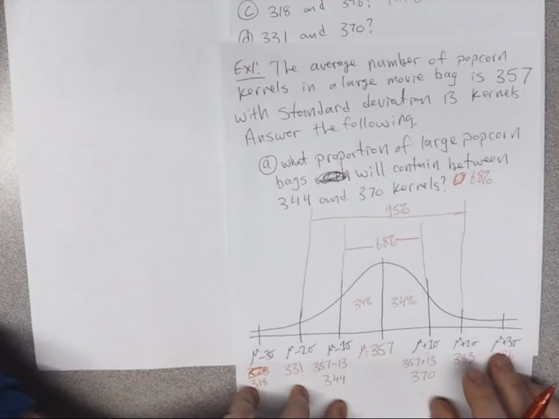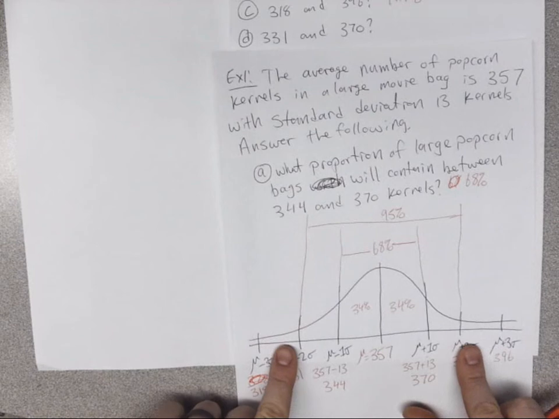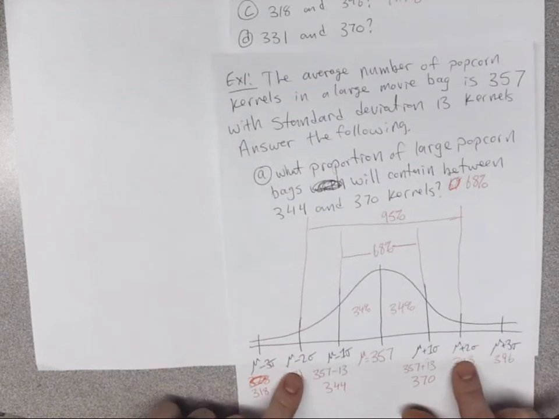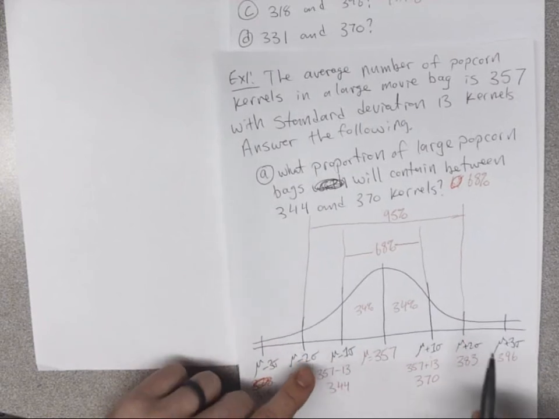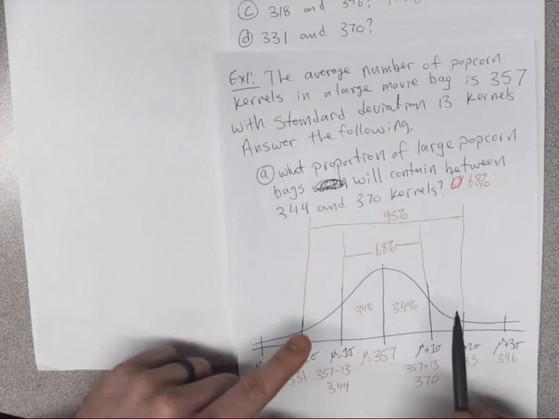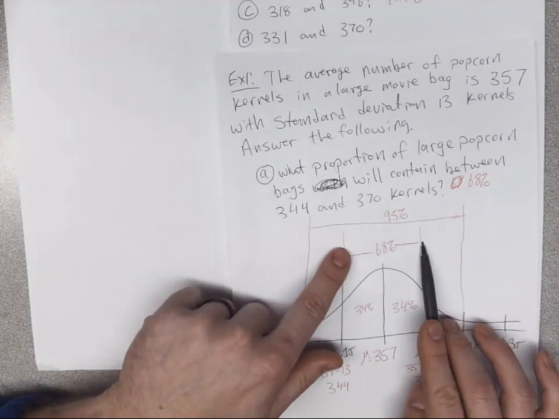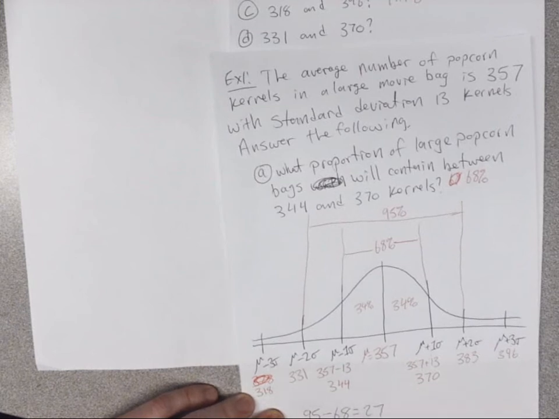And then I can keep going further and further out. So I know 95% lies within 2 standard deviations. This one's a little bit trickier. You only want to find this portion here and this portion here. To find that, you take 95% and subtract 68. 95 minus 68 gets you 27.